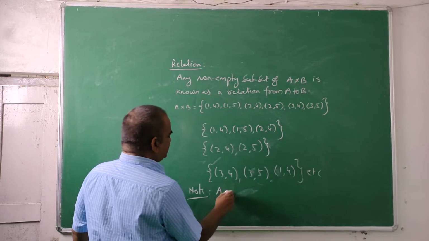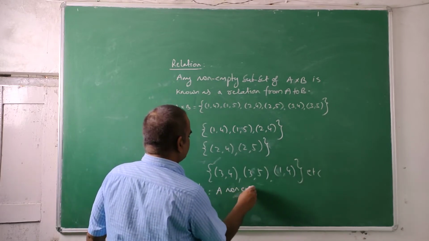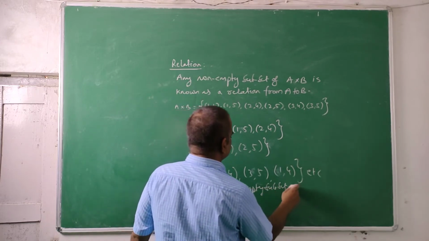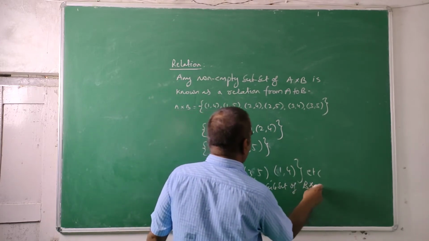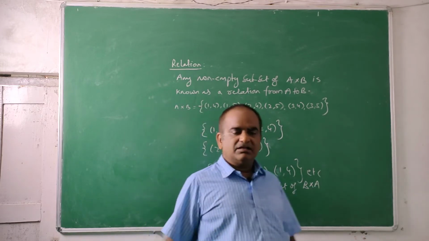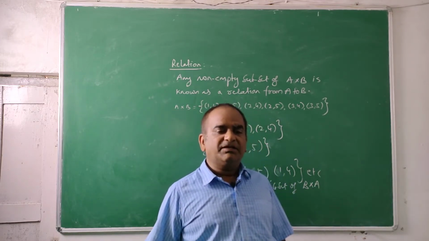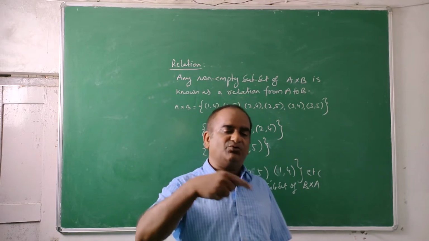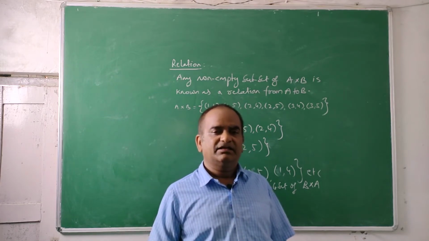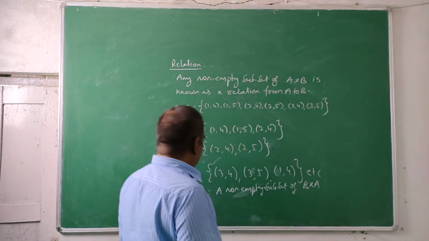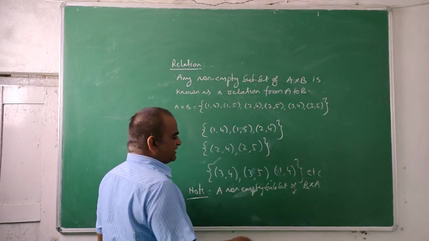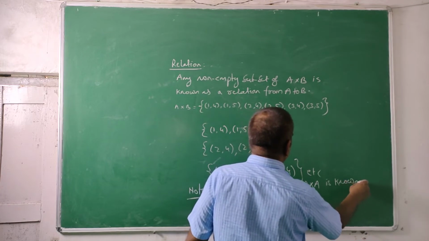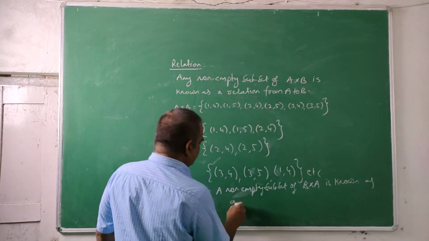A non-empty subset of B cross A is said to be a relation from B to A. See that from where to where, this order is important. So, a non-empty subset of B cross A is known as a relation from B to A.